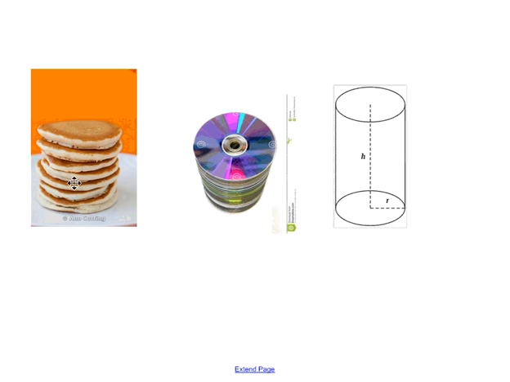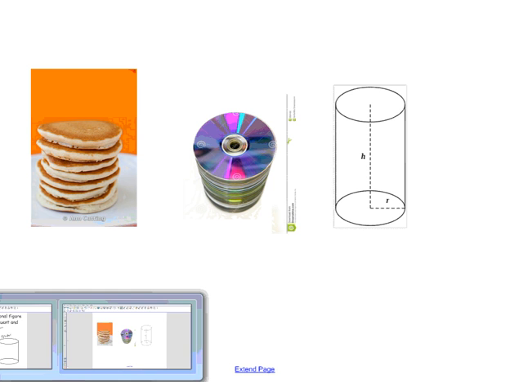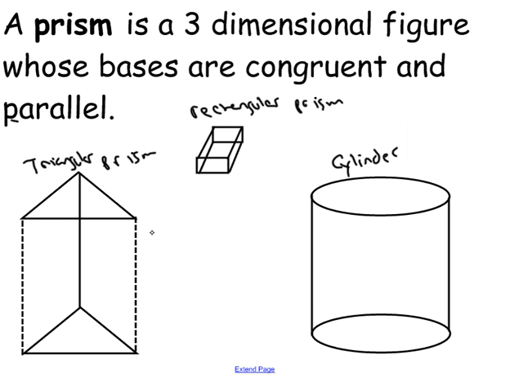But then you take a stack of them, you get a three-dimensional figure, which is a cylinder. Or you could also do the same with CDs, right? You have one CD is a two-dimensional figure, but then you stack them all up, you get your three-dimensional figure. So you could also think of a prism as a stack of two-dimensional figures, all right?